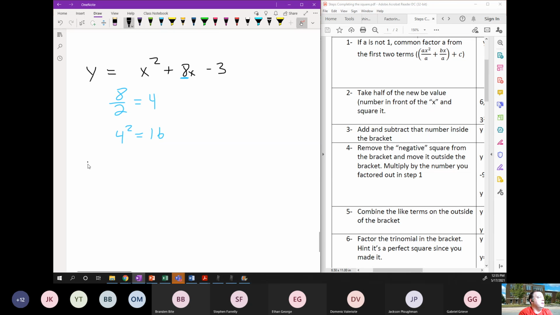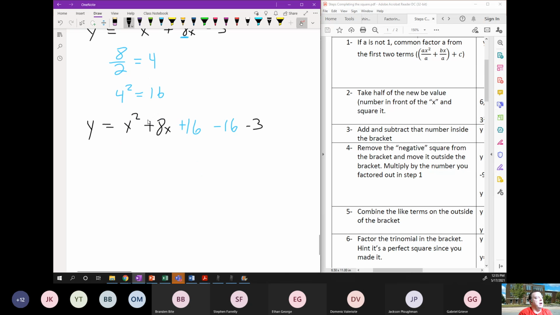Then we're going to add and subtract this number inside my bracket. So x squared plus 8x plus 16 minus 16 minus 3.